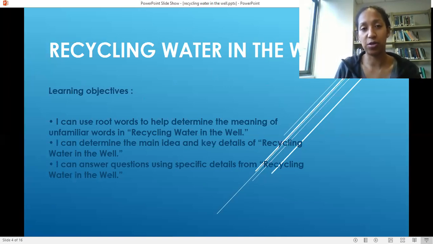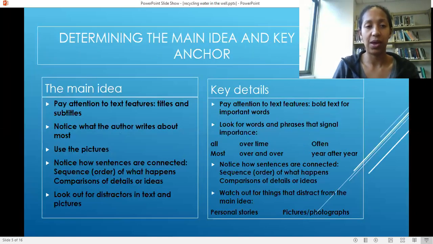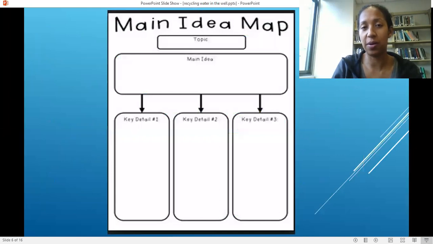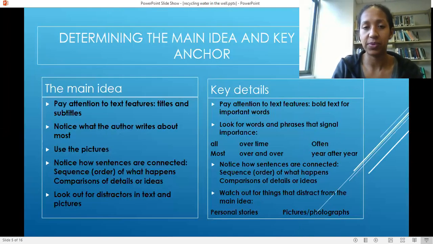I will ask the students to go back to their chairs, and they are going to work independently, reading page 8 from the book. Then I will give them the worksheet that includes the main idea, the topic, and three boxes to give me key details.